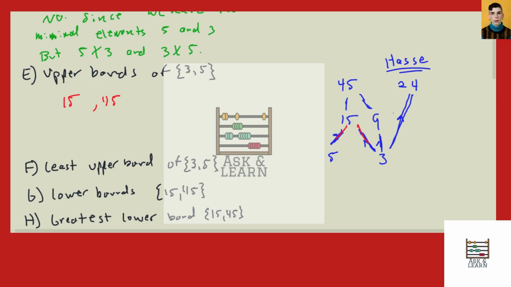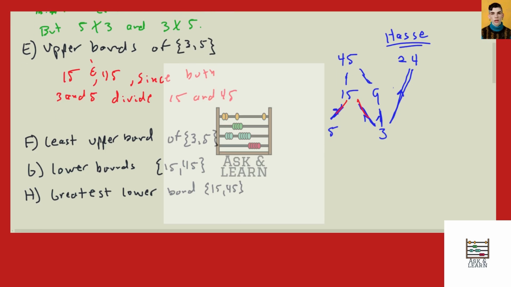Notice 9 is not an upper bound, even though 3 divides into it, since 5 cannot divide into 9. The same reason for 24: 3 can divide 24, but 5 can't, so it wouldn't be an upper bound. So these would be our two upper bounds, since both 3 and 5 divide 15 and 45.